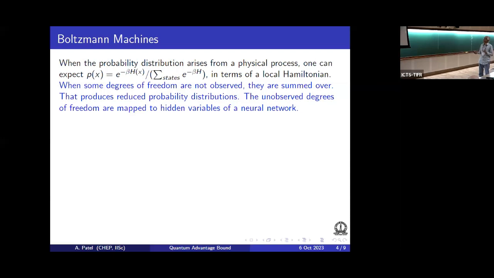And you can then try to understand how that particular distribution got created if you have a good guess for the Hamiltonian. It also happens that most of the time you don't have access to all the degrees of freedom. So you have to perform a partial sum over all the degrees of freedom which are not observed, which produces reduced probability distributions. And in the neural network, these unobserved degrees of freedom are called hidden variables.